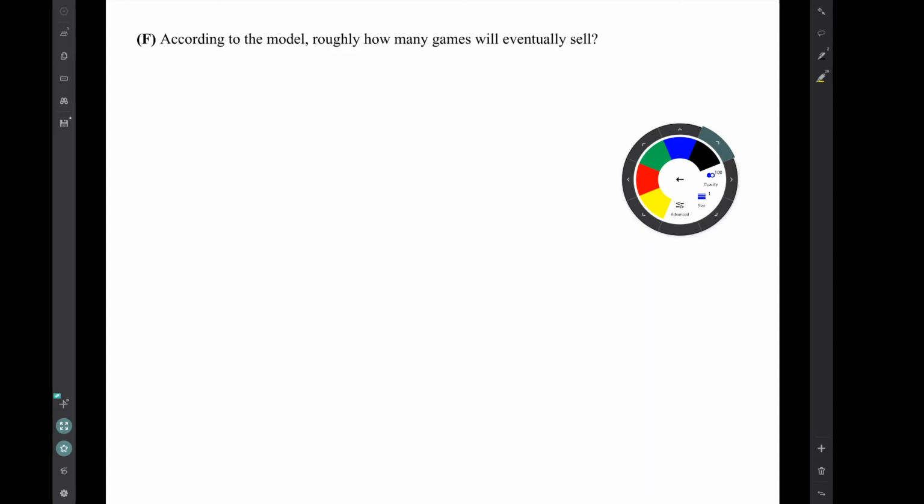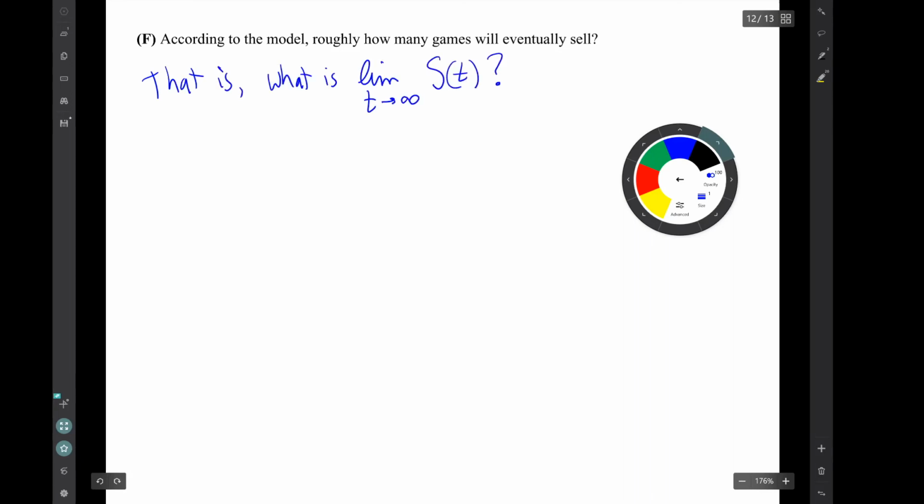Well, that means this question in mathematical symbols, asking what happens to the total number of sales when time gets bigger and bigger without bound. Well, let's do that limit.